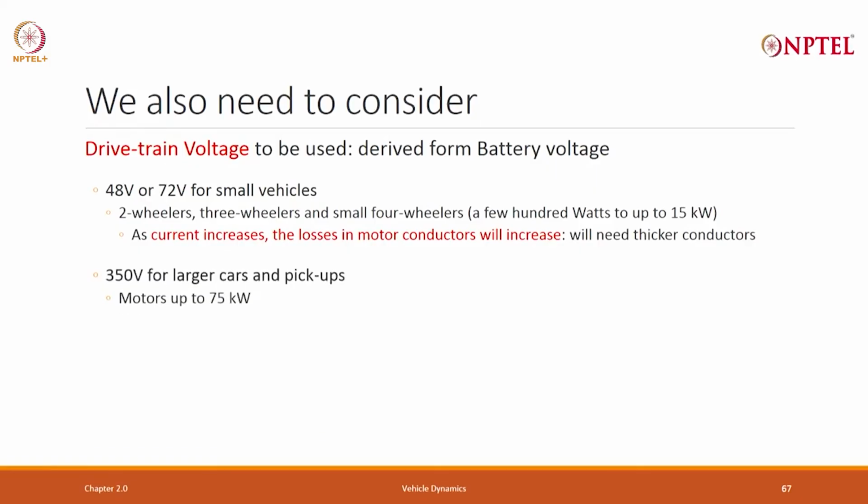As you go to higher vehicles, cars, you tend to go to higher voltage. Why? Because for the same power, if voltage goes high, current goes down. If voltage is small, 48 volt, your current will be 200, 300 amperes. Any time you have to use 200 to 300 amperes, first of all your battery should be capable of giving that, not easy, you will see that.